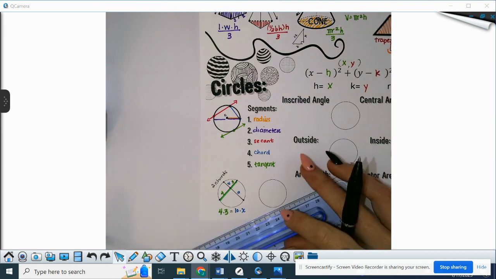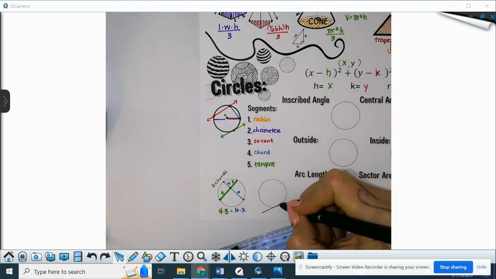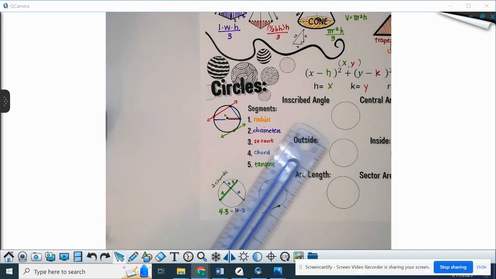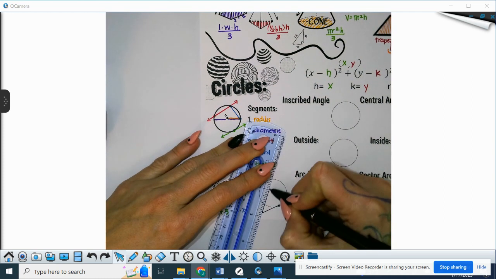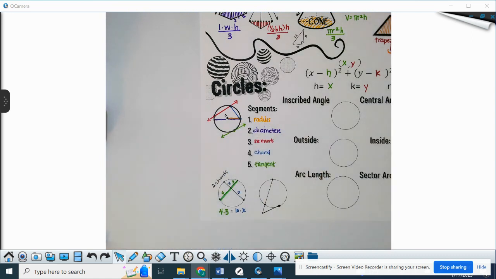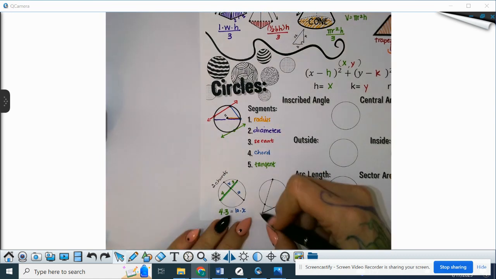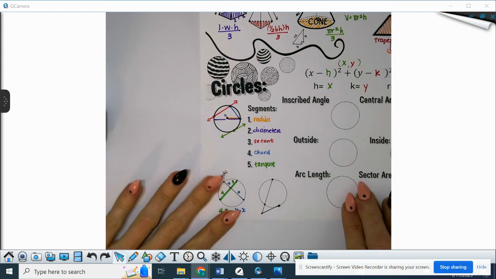Then we also have a tangent line and then a secant. It's going to cross through twice and stop. It's a secant because it came all the way out here. Now, what I want to call out so you can see the patterns, again, less to memorize, the better.